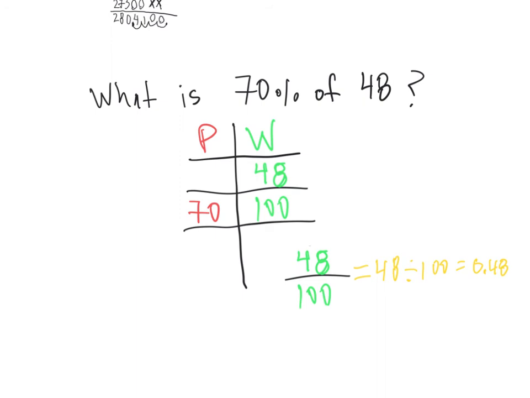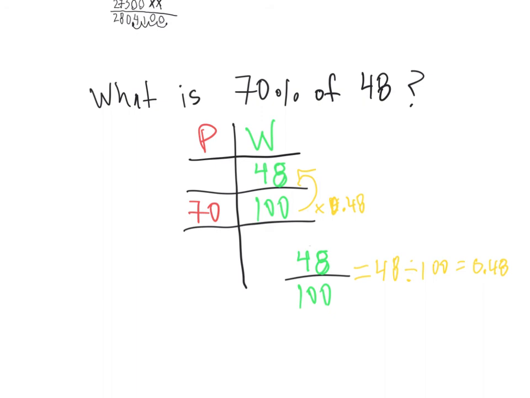That's what you're saying when you have any number over 100, right? So we know that we had to multiply 100 by 48 hundredths to get 48.